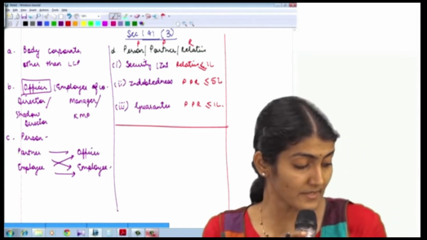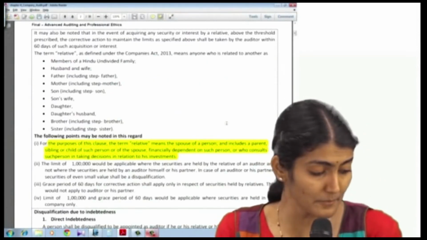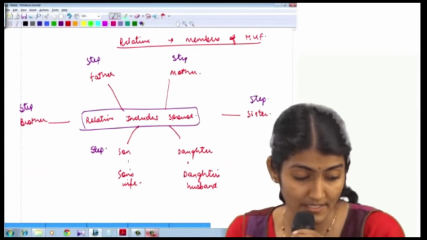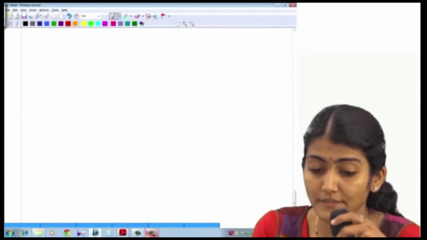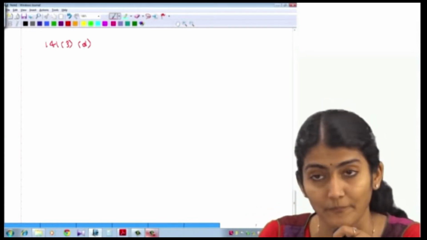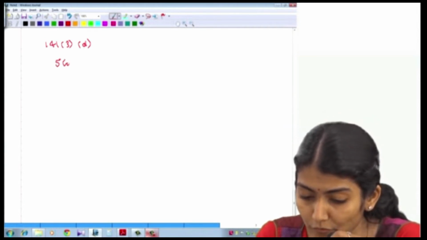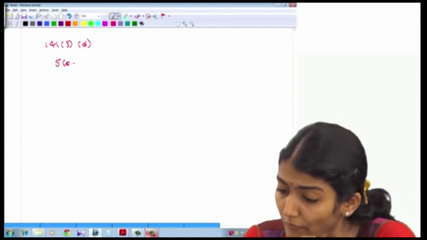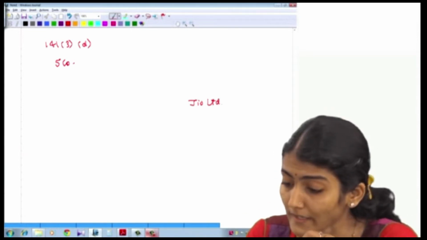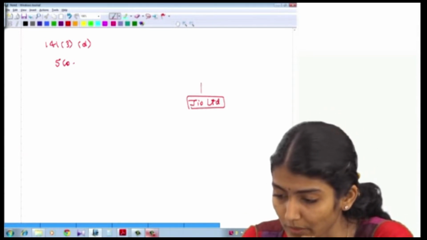Okay, now please understand further. These limits of security, interest, indebtedness and guarantee, what does it say? It applies to 5 companies. 141(3)(d), right? It applies to 5 companies. So if I want to do the audit of Geo Limited, one, I cannot hold the share of Geo Limited.